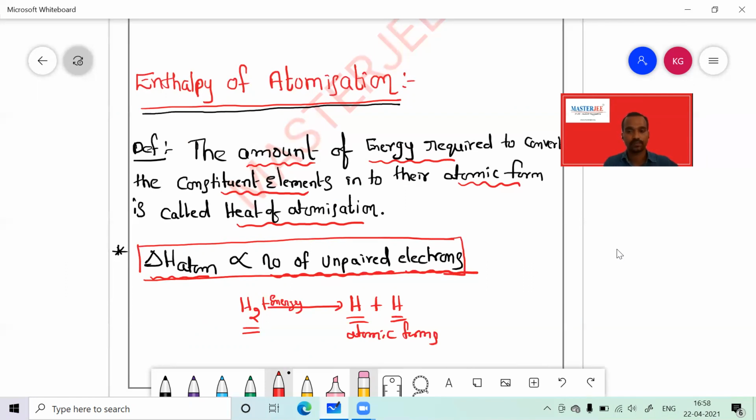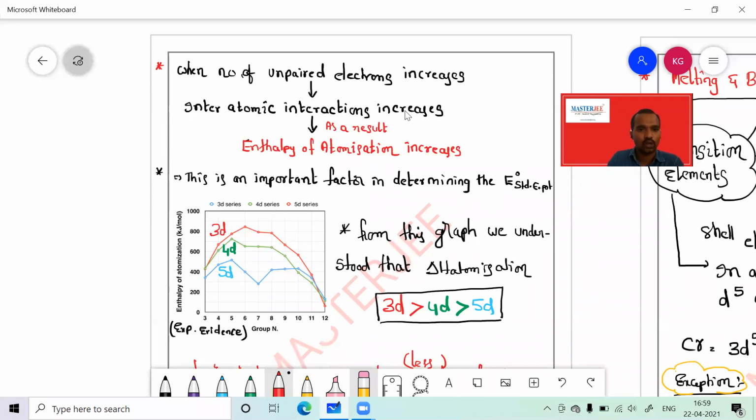When the number of unpaired electrons increases, interatomic attraction forces increase.